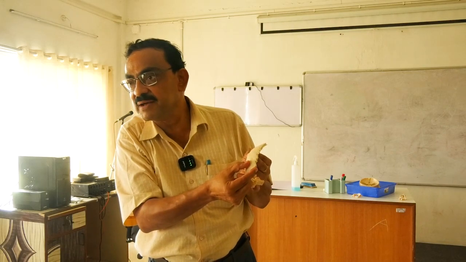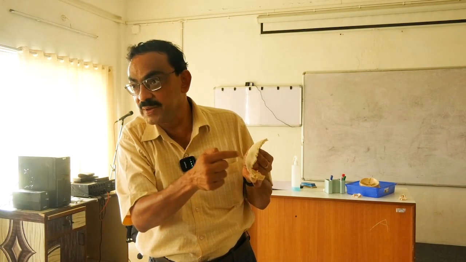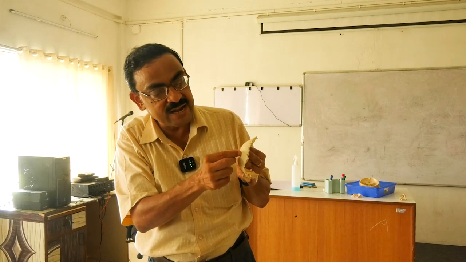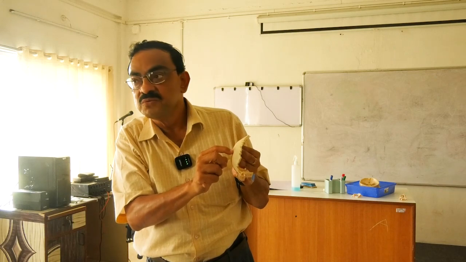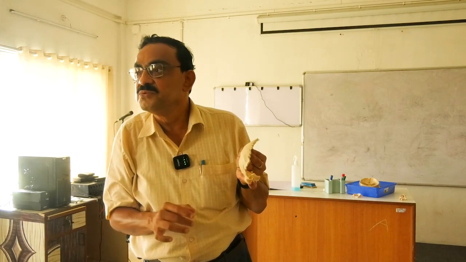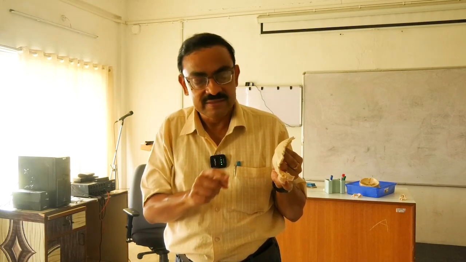Here is the muscle, the trapezius, and there are three muscles: occipitalis, sternocleidomastoid, and splenius capitis. The area in between does not remain free.